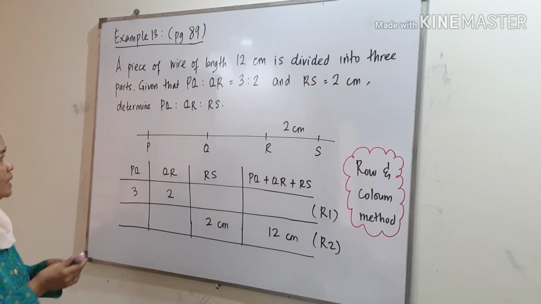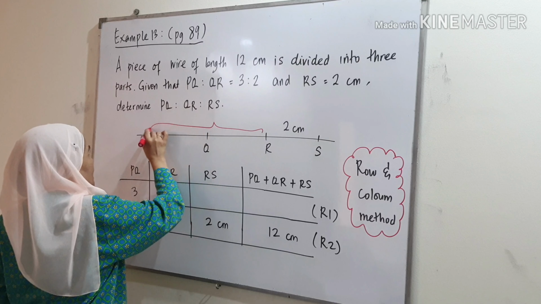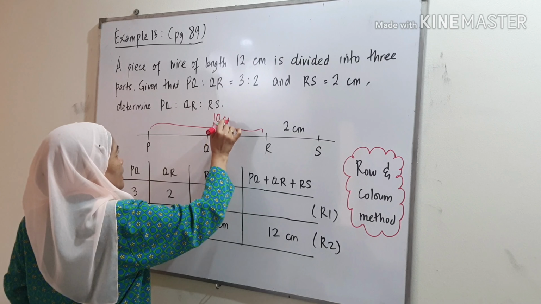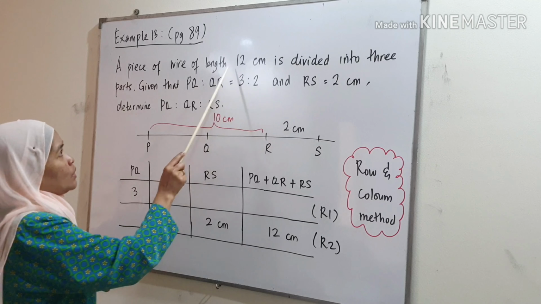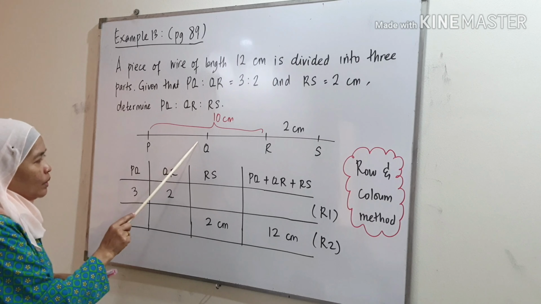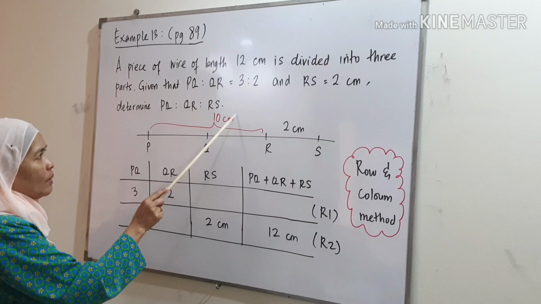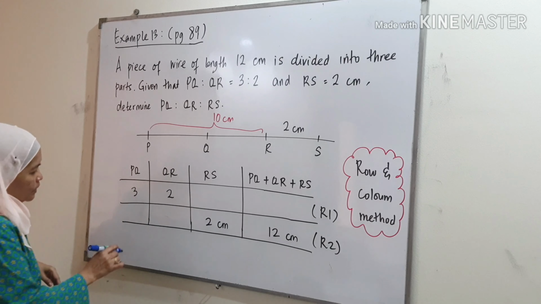This part should be 10 cm because 10 cm plus 2 cm is 12. So if you total PQ and QR, the real one is 10 cm. Together, this one, teacher will do separately.